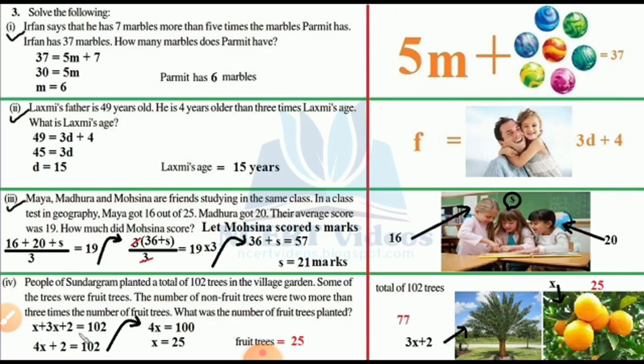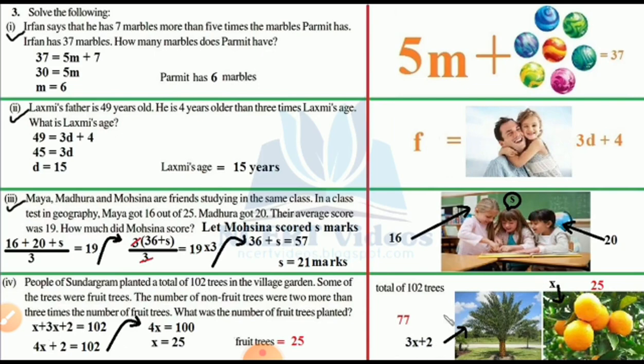Yes, read the question once again. You can get the answer. Total is 102. That means the right side is 102. So the number of non-fruit trees was 2 more than 3 times the number of fruit trees. So let the fruit trees be x. So x plus non-fruit, that means 3x plus 2, is equal to 102.